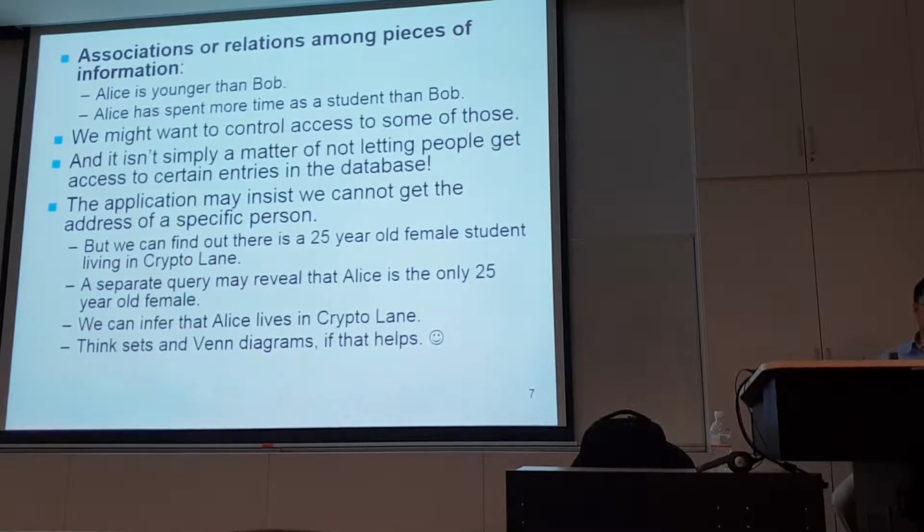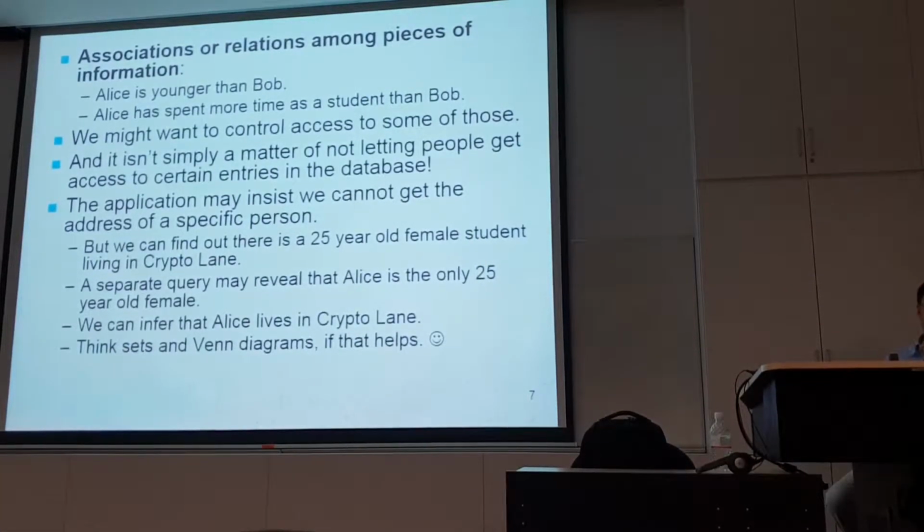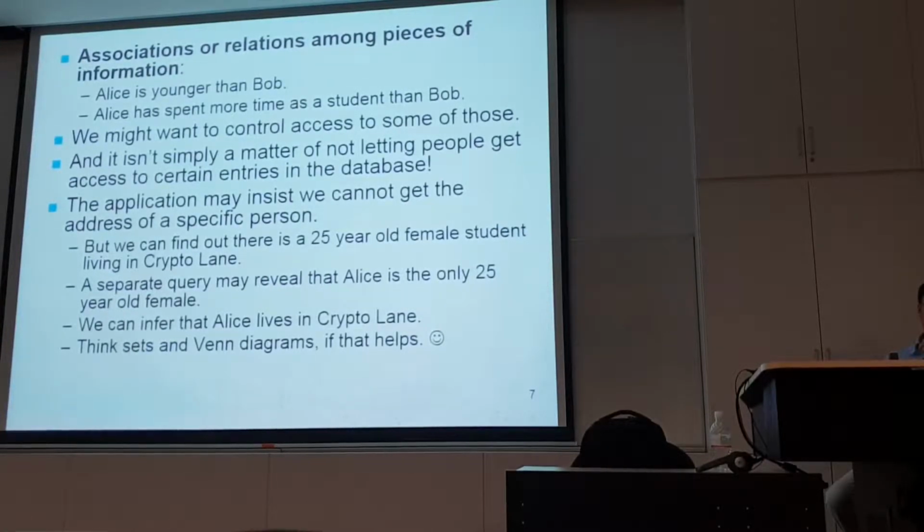right? So in this case, although the database does not allow us to directly query, say, the address of Alice, you cannot select address from employee where name equals Alice, because the database does not allow it. However, you can make some other queries, and by looking at the results of those queries, you can infer that Alice actually lives at this particular place.